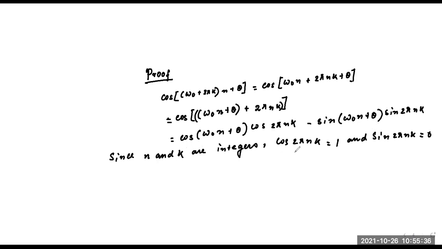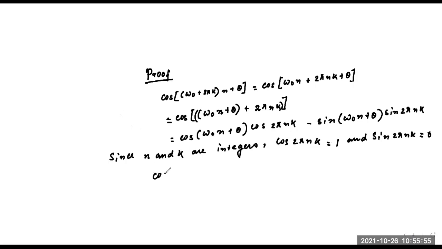Why? Cos of 2 pi is equal to 1 and sine of 2 pi is equal to 0. That's why if I multiply it by the integer nk, that will give you the value of 1. And sine of 2 pi is 0, times the integer nk, it will give you 0.